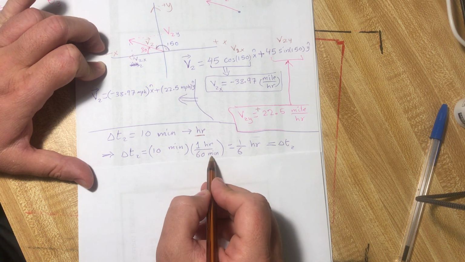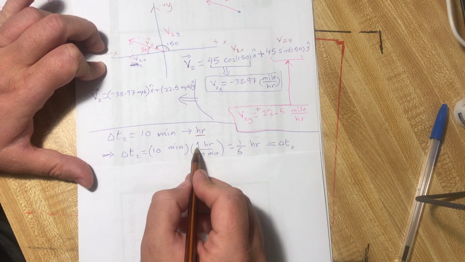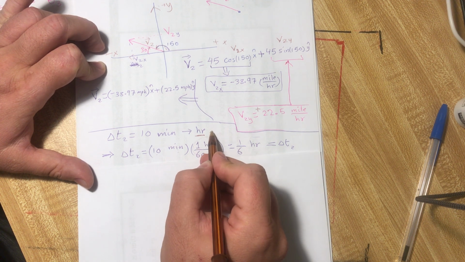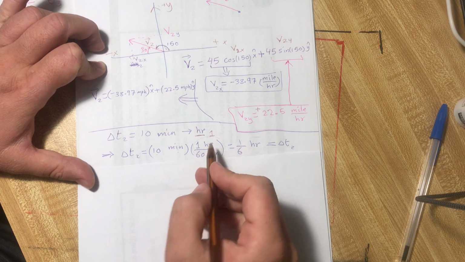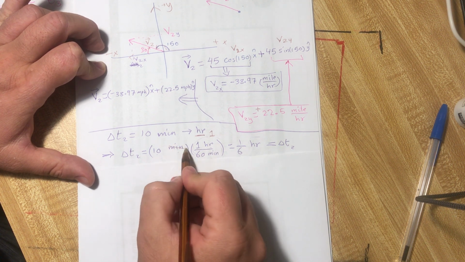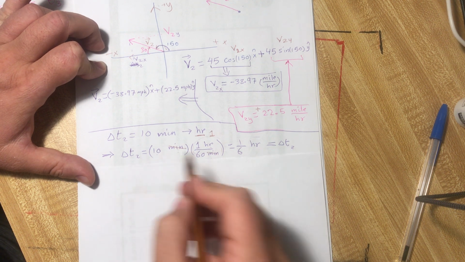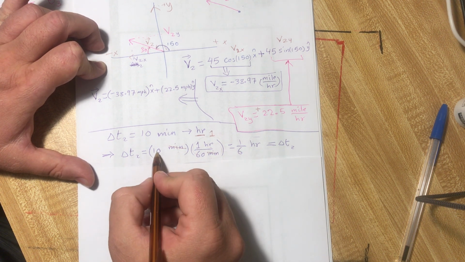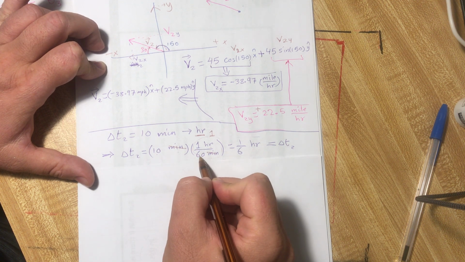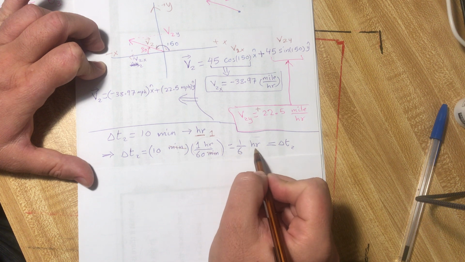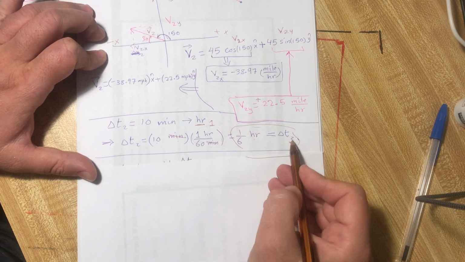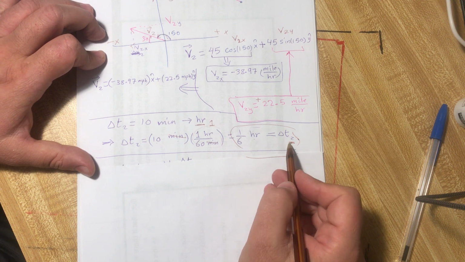So I will choose this conversion factor, 1 hour over 60 minutes, which is equal to 1. They are the same, so I cancel minute with minute. The answer is 10 over 60, which is 1 over 6 hours. This is delta t in the second stage, which I name delta t2.